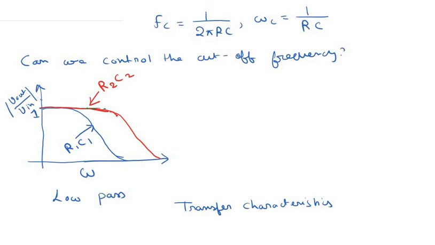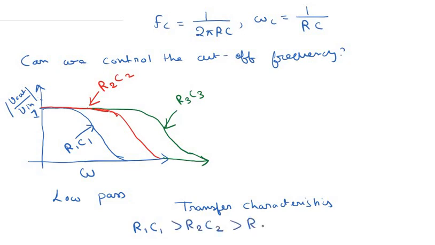So our transfer characteristics is now going to look somewhat like this. Let us say that this curve is for R3C3, and we know that R1C1 is greater than R2C2 is greater than R3C3.